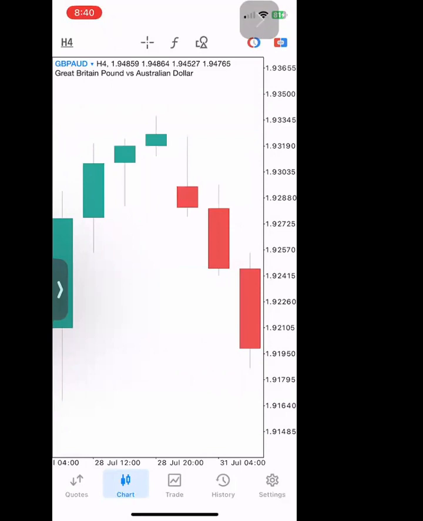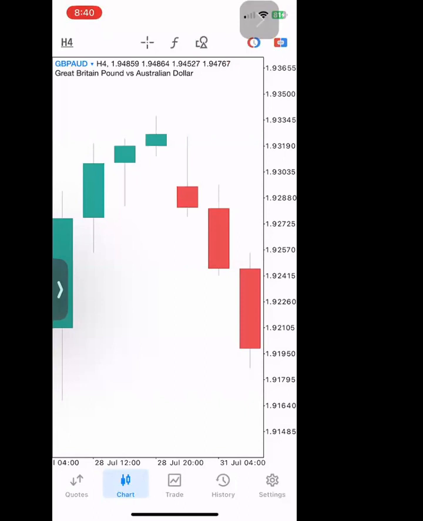The candlesticks are used to read price. If you have a higher time frame, you are looking at price from a higher point of view. The M1, M5, M15, that is what is called the time frame.